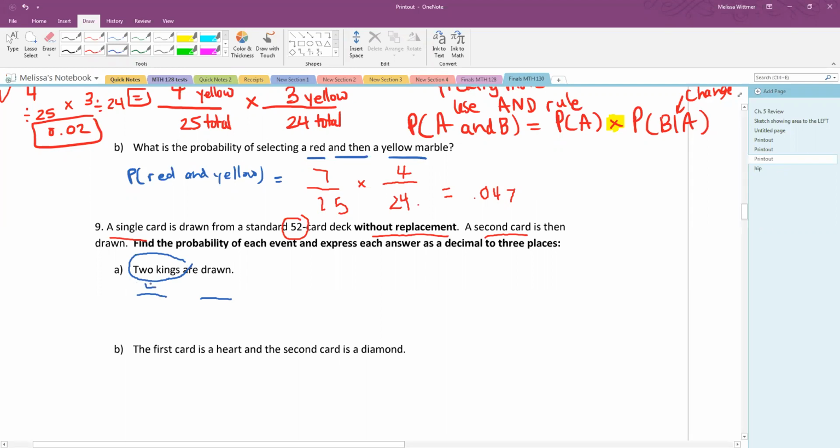So there are 4 chances of getting a king out of 52 cards. Now, if I want to get a king again and I'm holding out that first card, there are now 3 kings out of 51 cards. Multiply that together and it says do a decimal to 3 places. So we have 4 divided by 52 times 3 divided by 51, 0.005, a really small chance there.